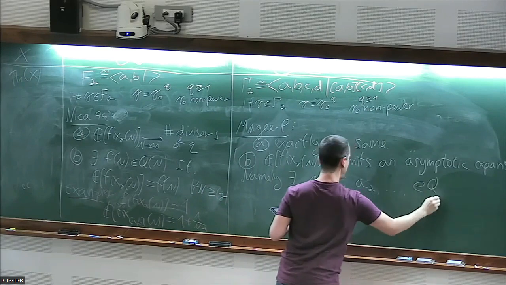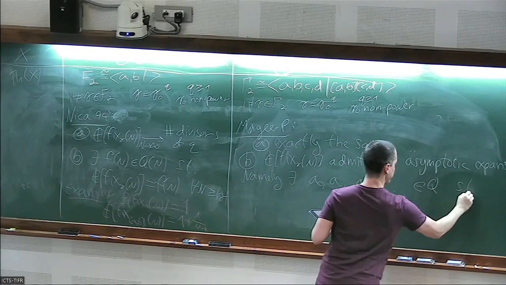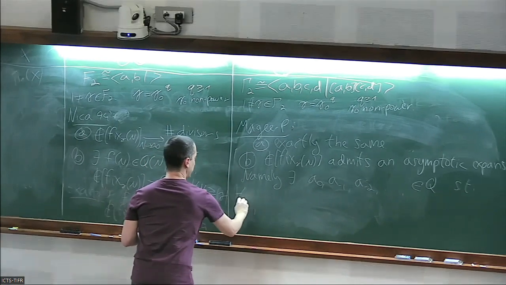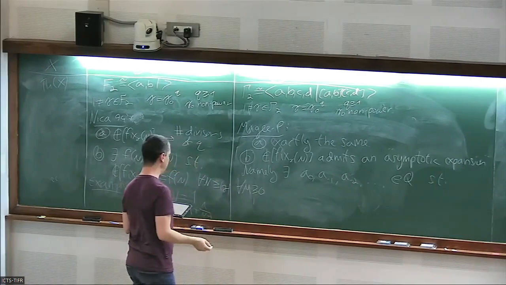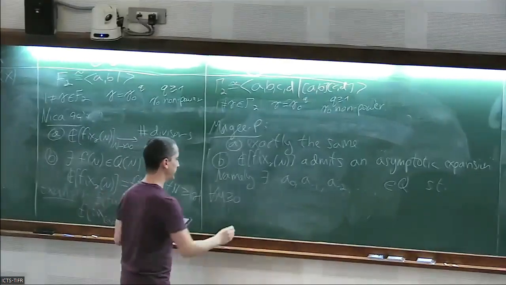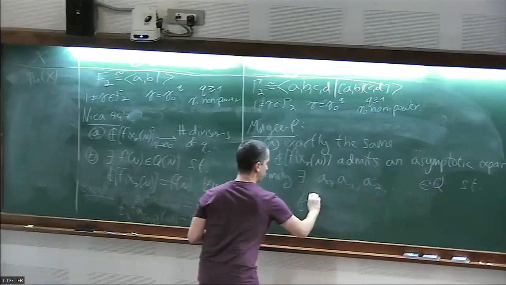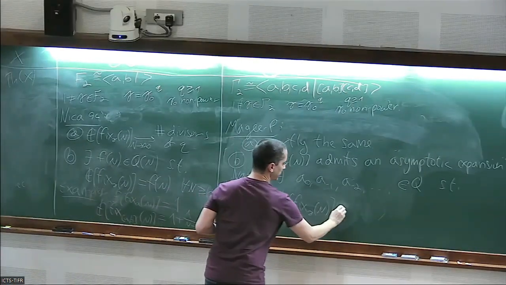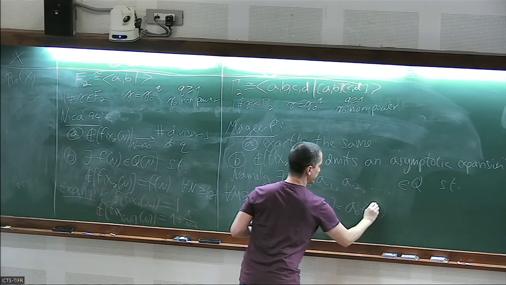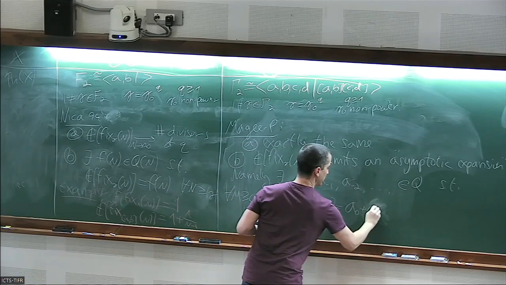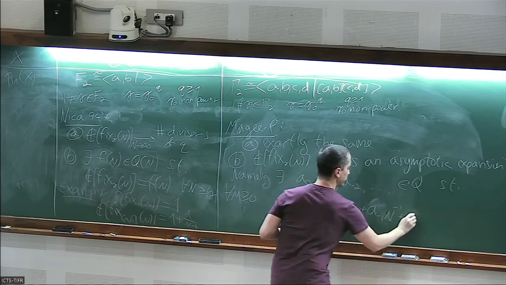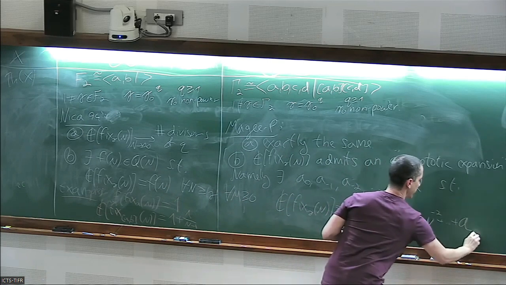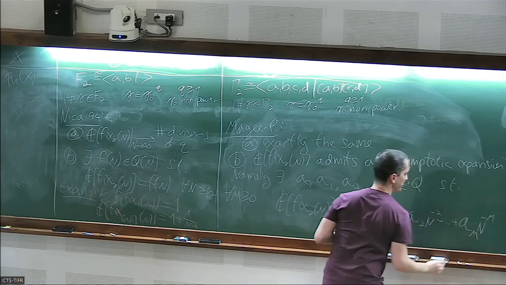They are all rational numbers, such that for every natural number m, the expected number of fixed points you can write as A naught plus A minus 1 n to the minus 1 plus A minus 2 n to the minus 2 up to A minus m n to the minus m.